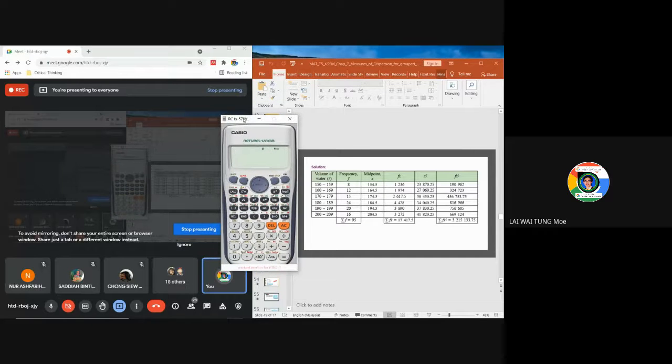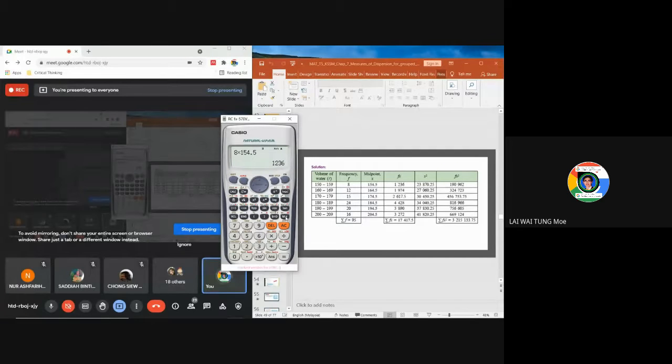So let's say I want to calculate my fx now. Fx is f times x, right? So I will press 8 times 154.5. Okay, so I'll press equal, then I'll get 1, 2, 3, 6, right? So after you get this answer, you can press this button.